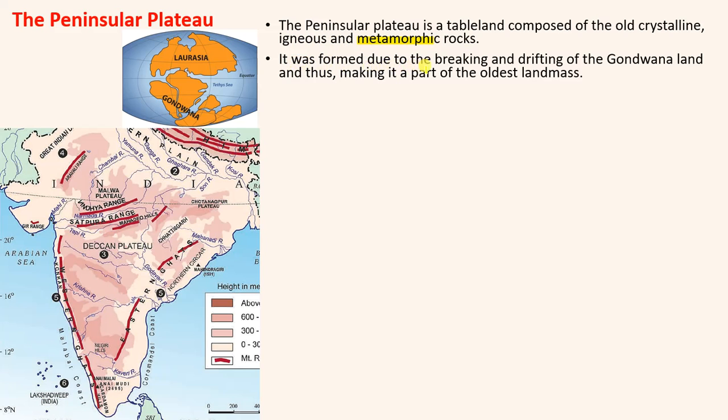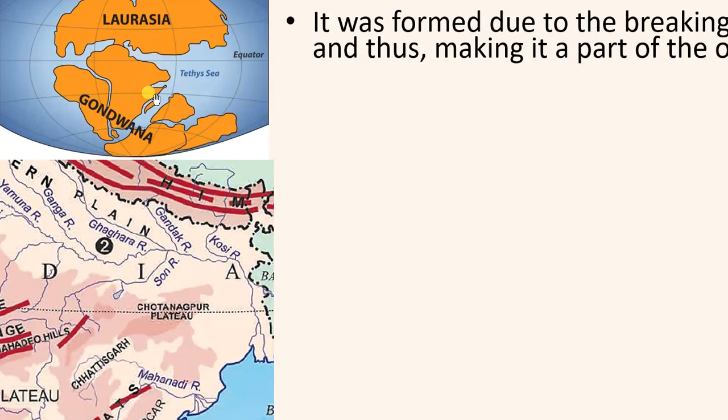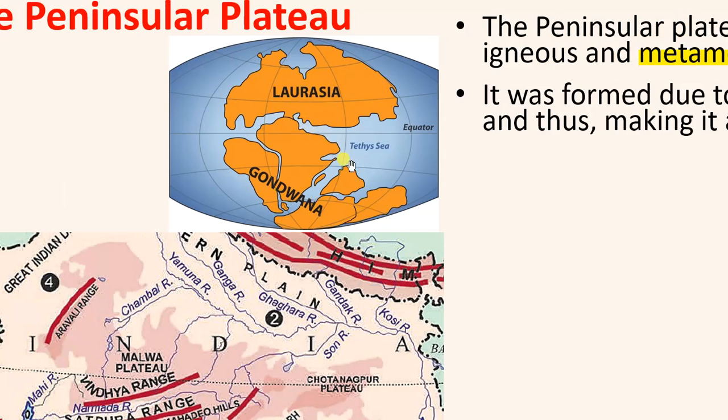It was formed due to the breaking and drifting of Gondwana land, and thus it is part of the oldest landmass. Here in this figure you can see, this was a single landmass about 20 million years earlier, Pangea, and that was broken into a number of pieces.